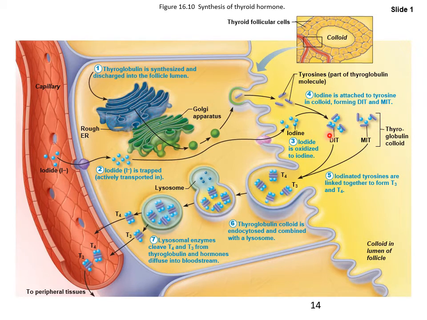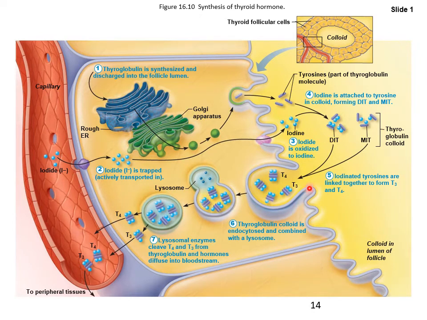Those are packaged up, and two tyrosines will come together. Either you get a 2 plus 2, or one of these and one of these. If it's got 4 iodines, that's T4. And if it just has 3, that's T3. So these two, T3 and T4, make up most of the thyroid hormone that ends up going out into the bloodstream.